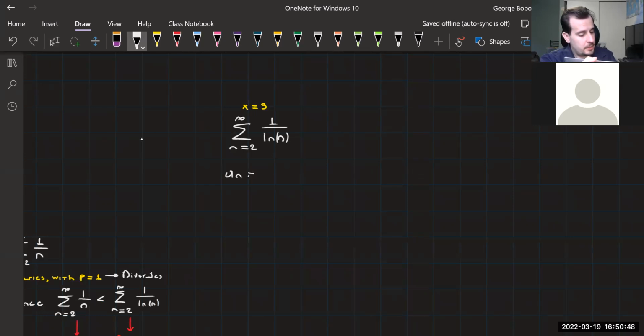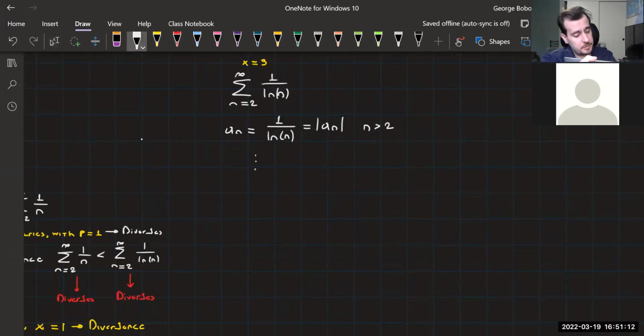a_n is 1 over ln of n, but the absolute value is also the same. Why? Because n is greater than 2, and any value you put here that is 2 or greater will always yield a positive. So really, this is the same as if you took its absolute value.